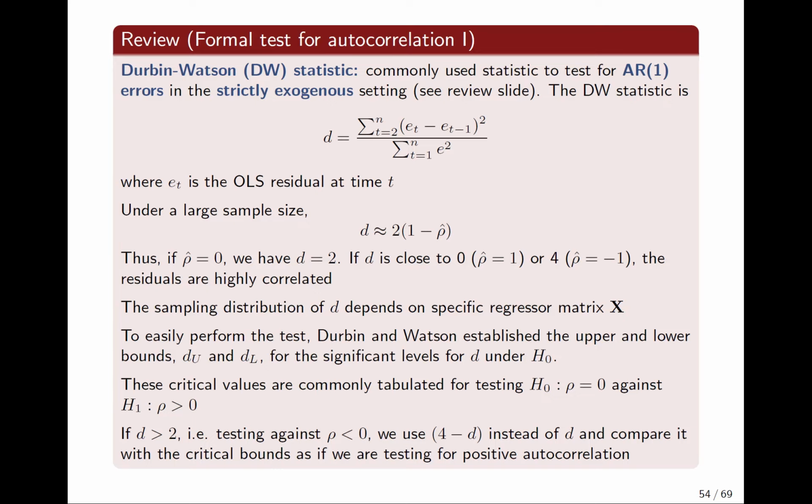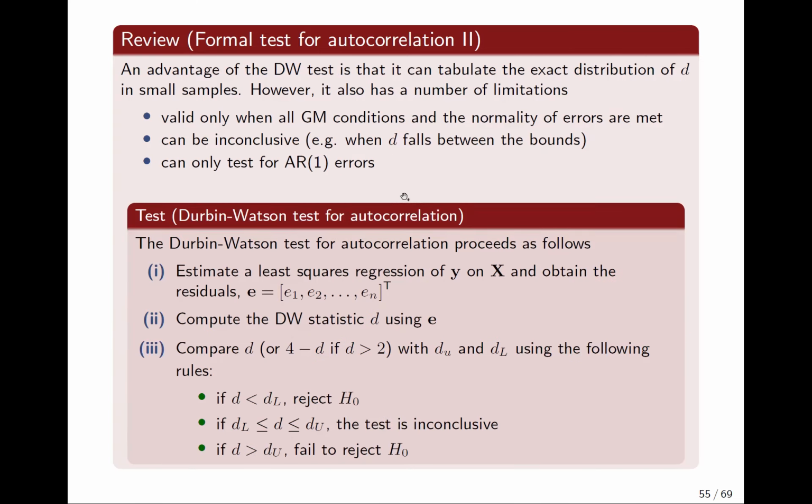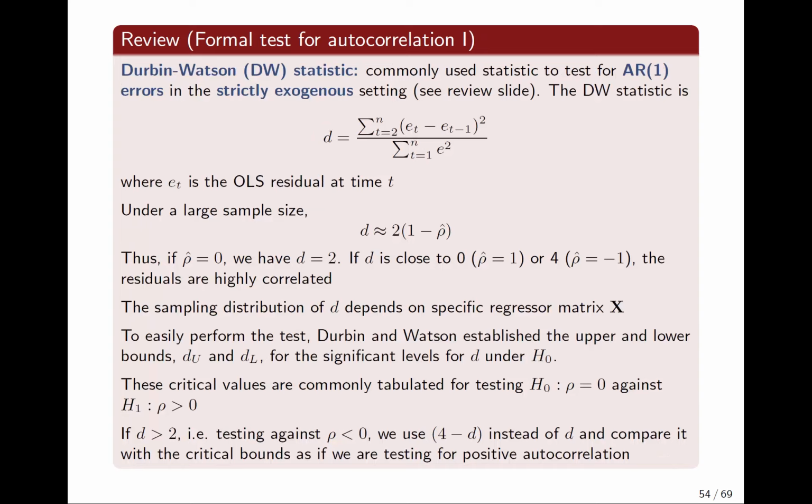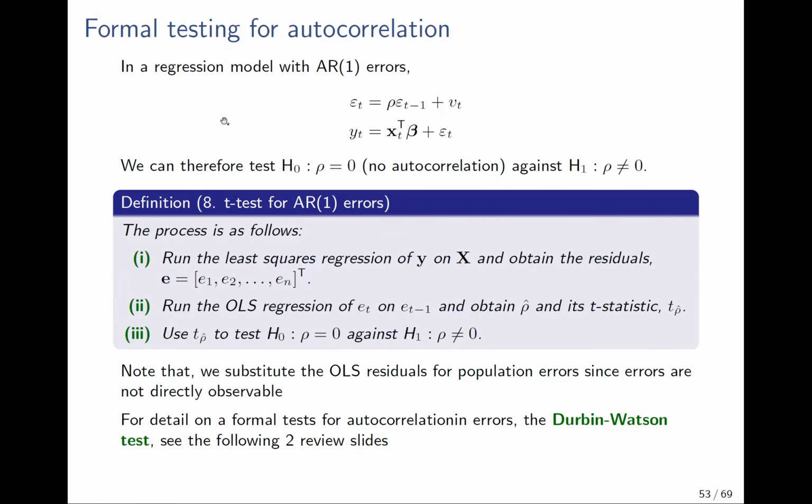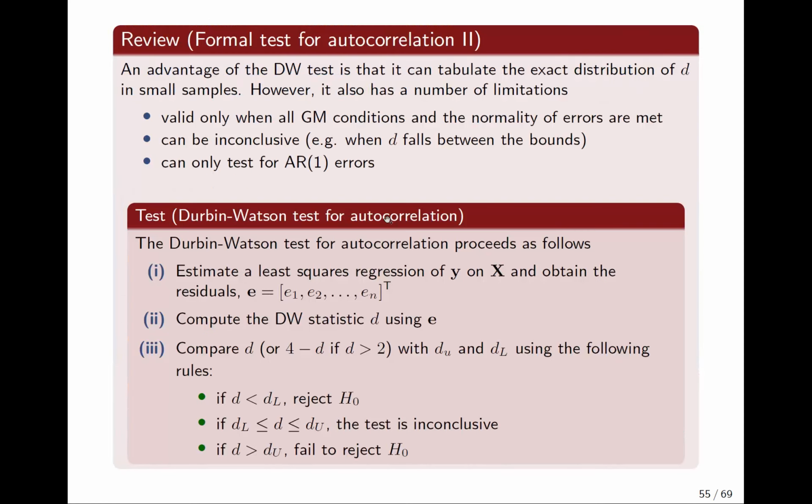If D is greater than 2, that is, we're testing against negative autocorrelation, we use 4 minus D in place of D and compare against the same bounds. So again, we can look at the Durbin-Watson test in one of our labs, but for the moment, this is really the simple principle I want you to understand about how we could conduct a formal test for autocorrelation.